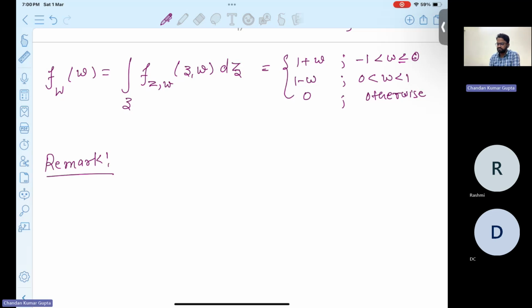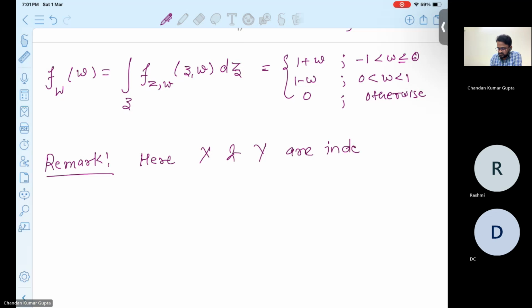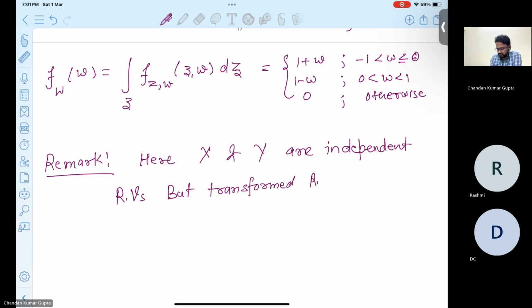Here we can see that x and y are independent random variables, but the transformed random variables z and w are not independent.